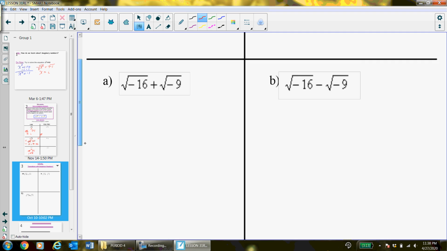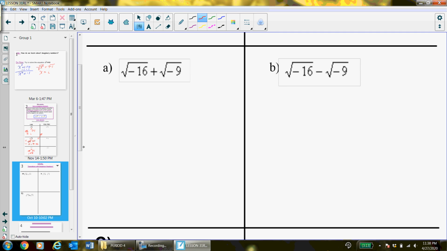So now we have operations with imaginary numbers. So we have radical negative 16 plus radical negative 9. All right, so we're going to break each of them down: radical 16, radical negative 1, keep that plus in mind, radical 9, and radical negative 1.